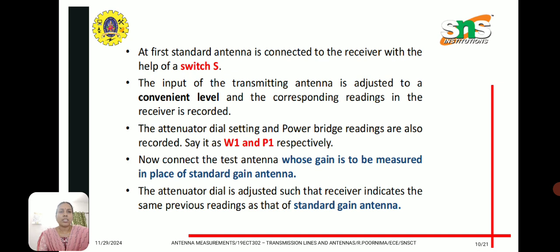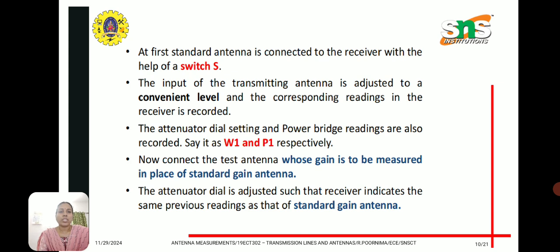At first, the standard antenna is connected to the receiver with the help of a switch S. The input of the transmitting antenna is adjusted to a convenient level and the corresponding reading in the receiver is recorded. The attenuator dial setting and power bridge reading are also recorded, W1 and P1. Now connect the test antenna whose gain is to be measured in place of the standard gain antenna.